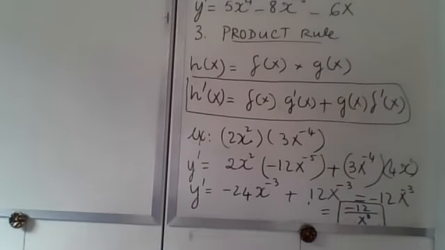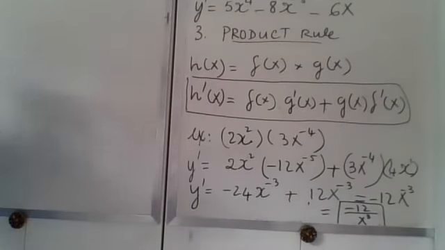So now I'm going to show you the last rule, which we call the quotient rule. So what is the quotient rule? Let's say you have a function h of x equal to f of x divided by g of x.